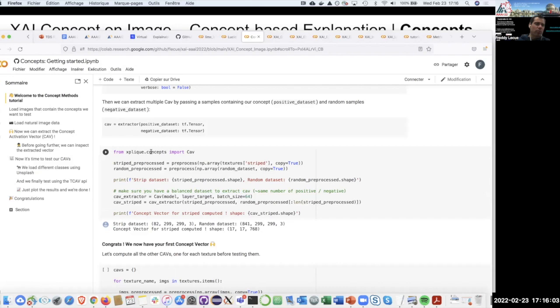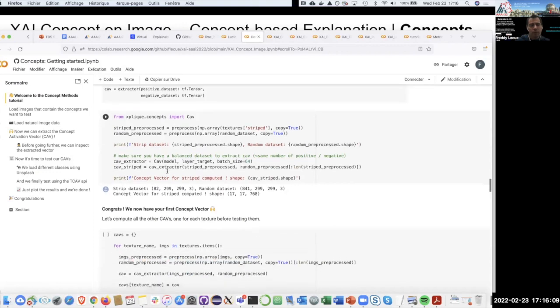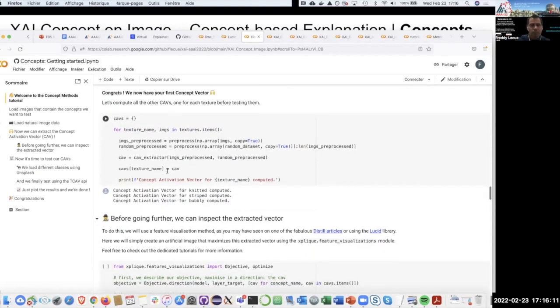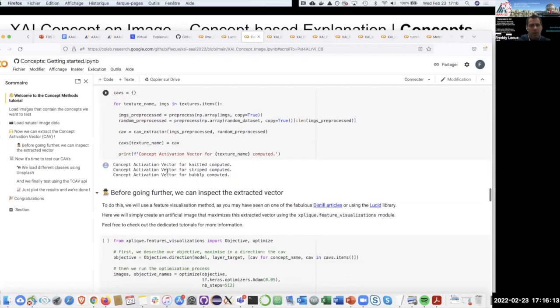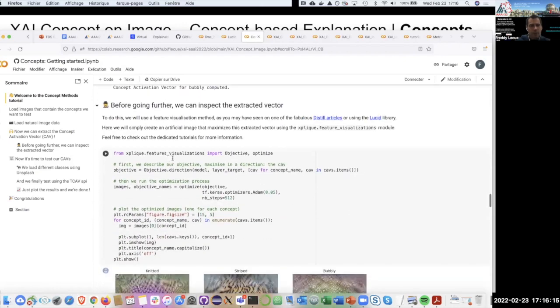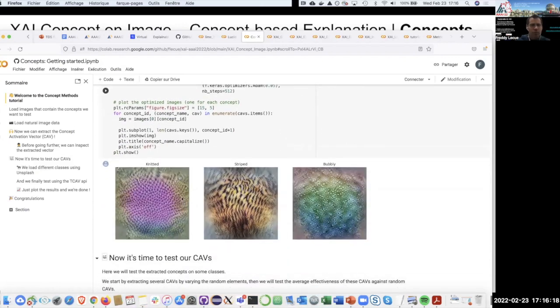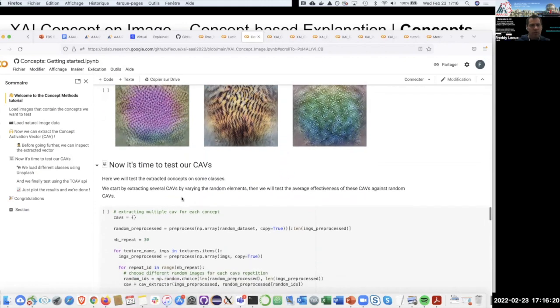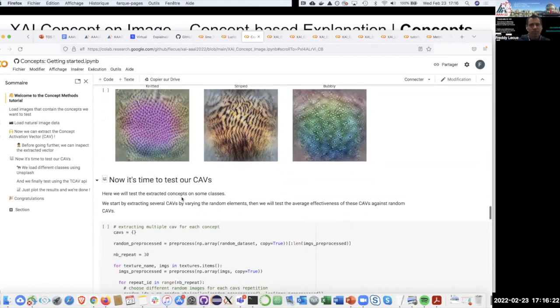So earlier I mentioned the Facebook Captum. You also have the Explic one now, with other techniques, much more attribution based though. Yeah, and then you see the feature visualization. So you see the features, and you can visualize them in the Lucid way.